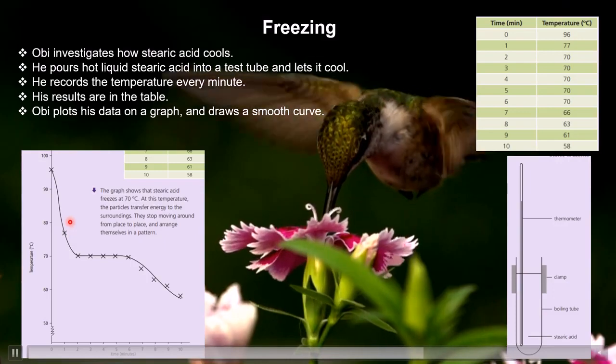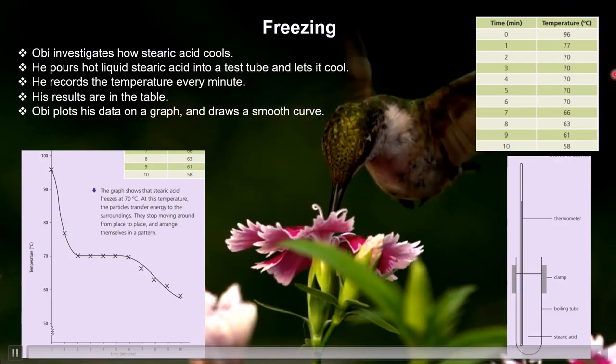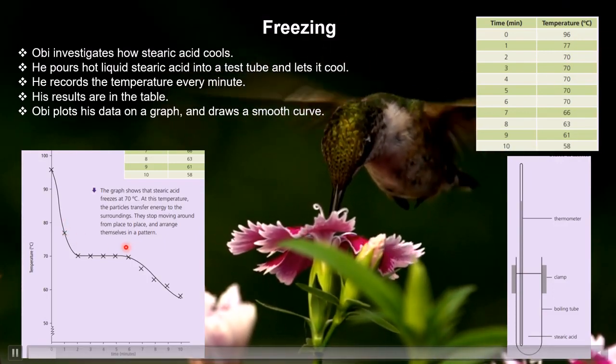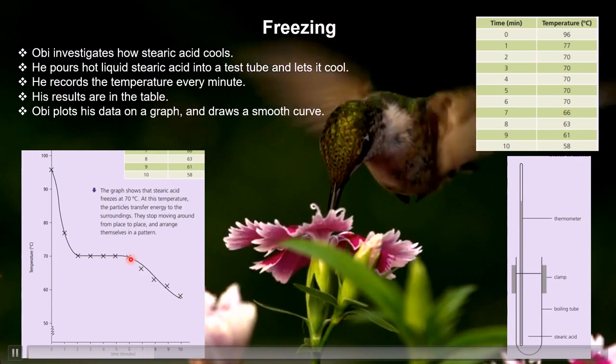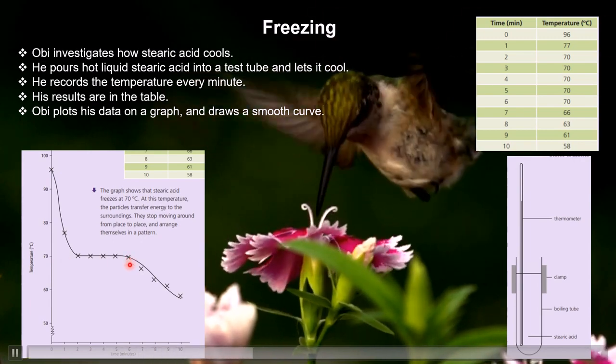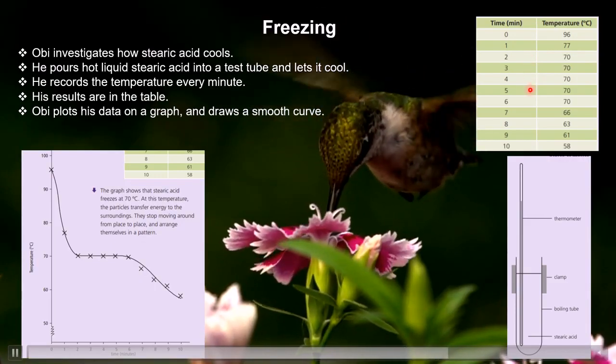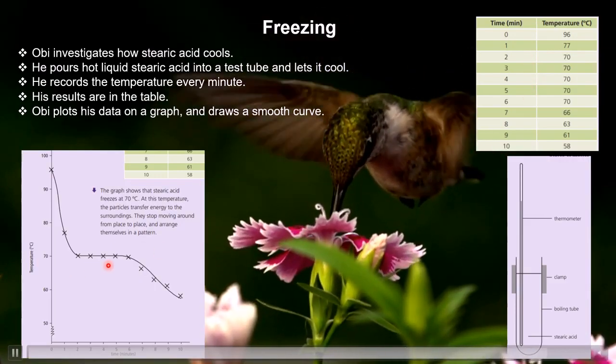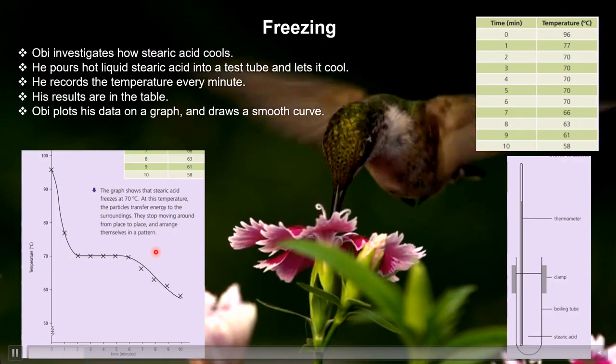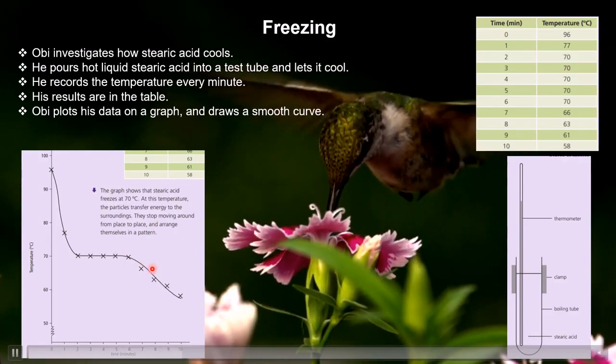Okay, so over here, as you can see, next is 70. It's straight for all 5 points, 1, 2, 3, 4, 5. For the 5 points, it is at 70. It remains at 70. Then it starts to go down.